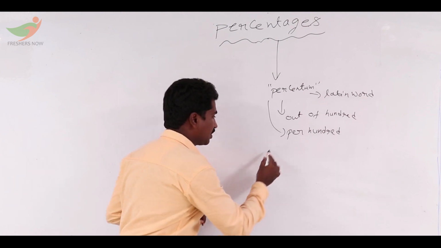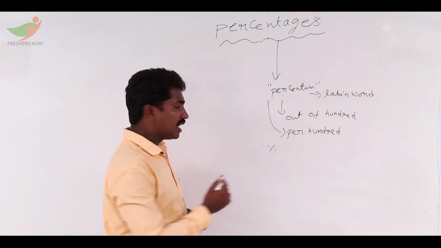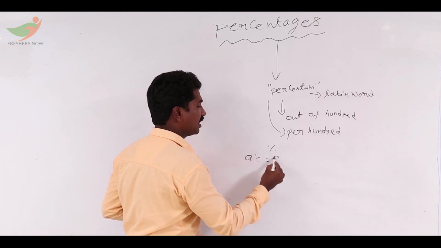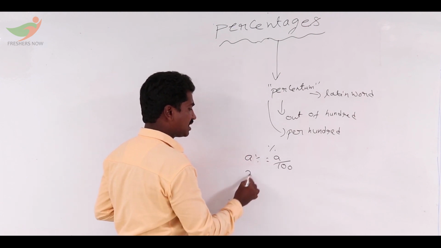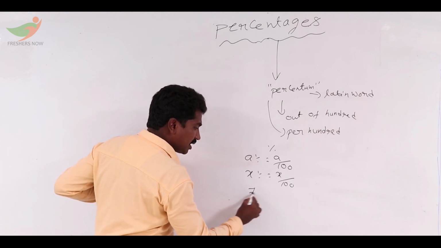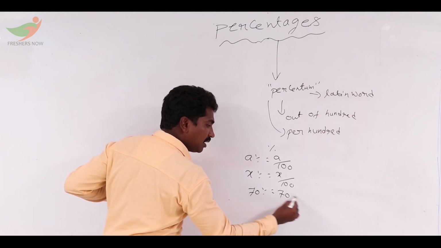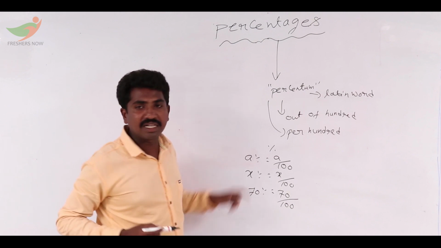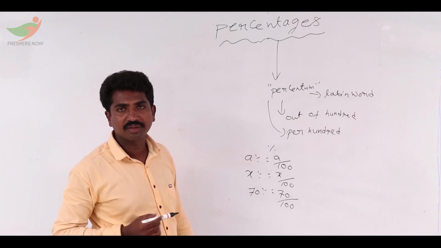Its symbol is, we represent like this: A%, A by 100, X%, X by 100, 70%, 70 by 100. Percentage is nothing but out of 100.